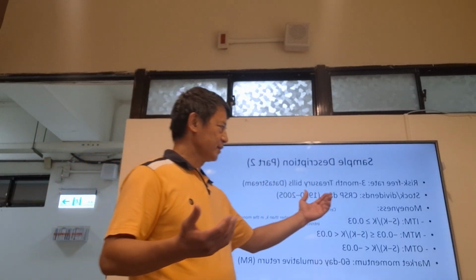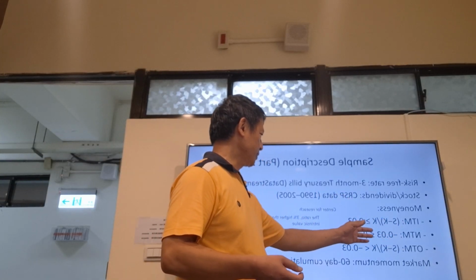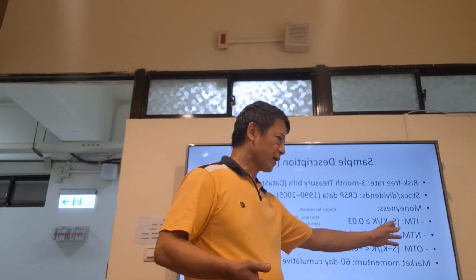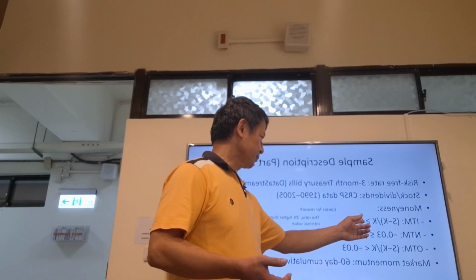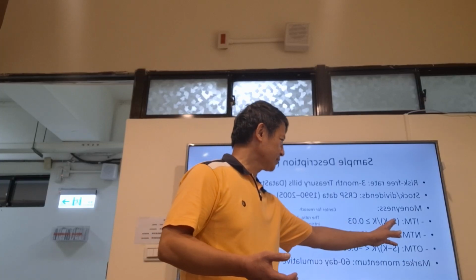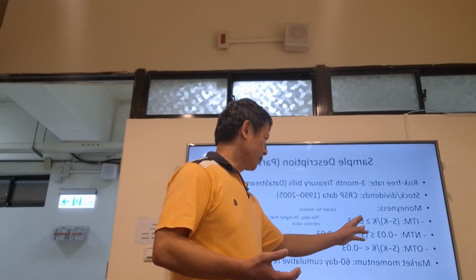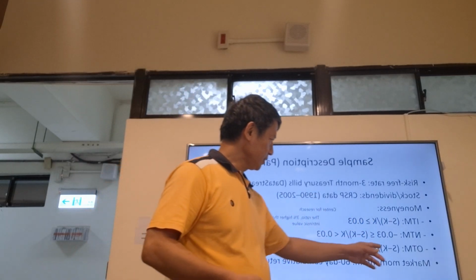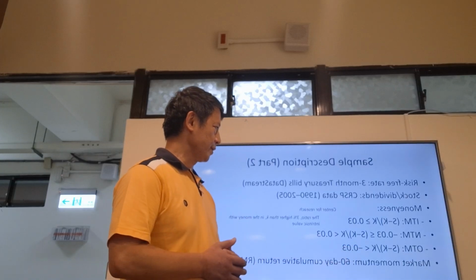In the money means (S minus K) divided by K is greater than or equal to 0.03, meaning stock price minus strike price divided by strike price is bigger than this, so the stock price is greater than the strike price K by at least about 3%. Conversely, out of the money is smaller than minus 0.03.